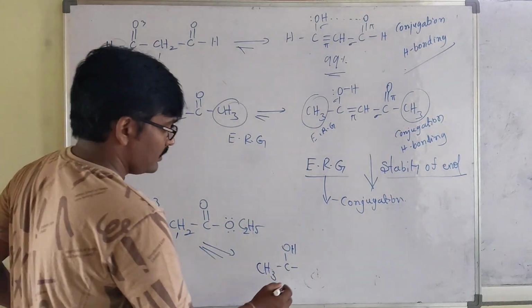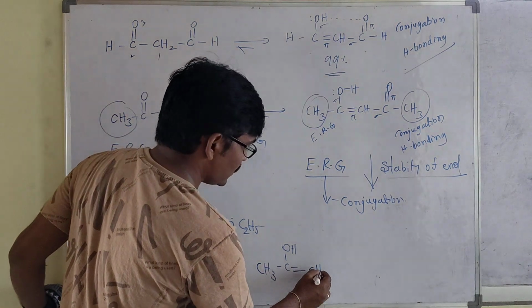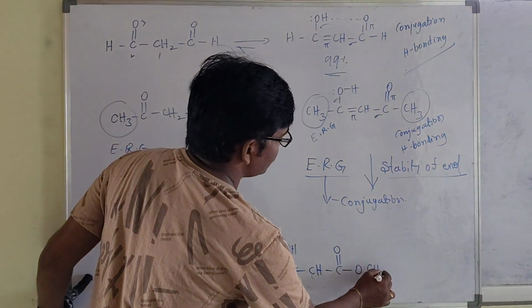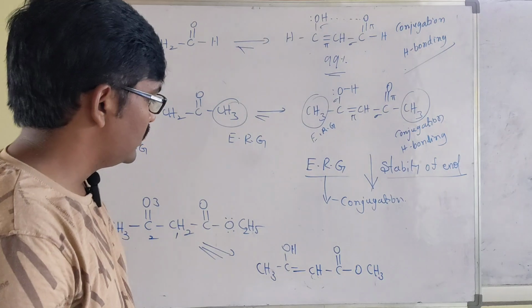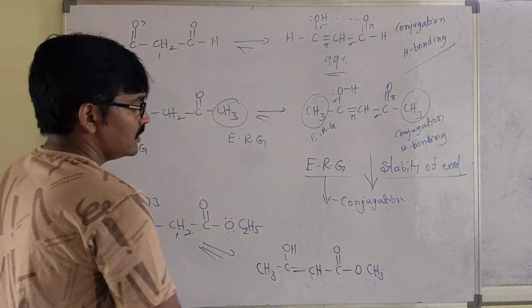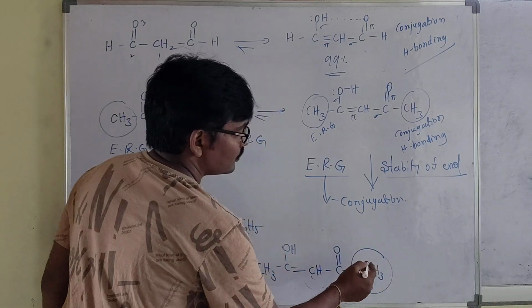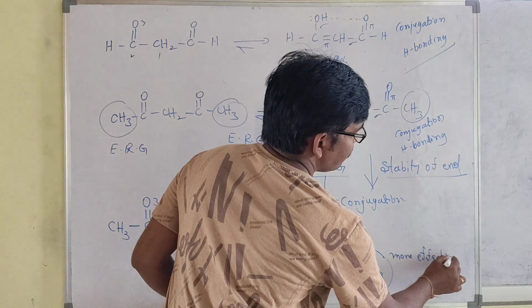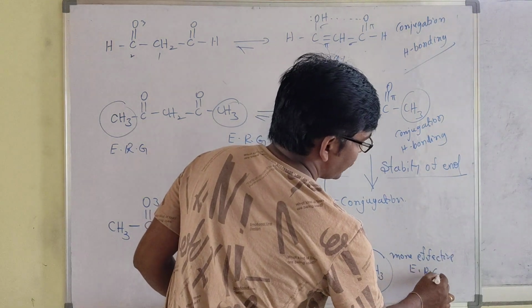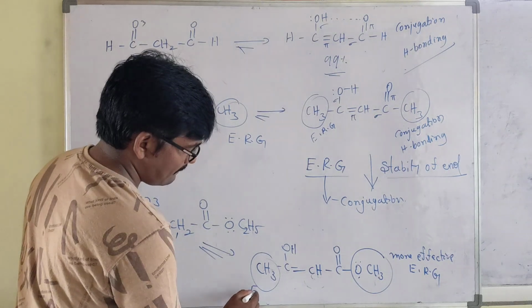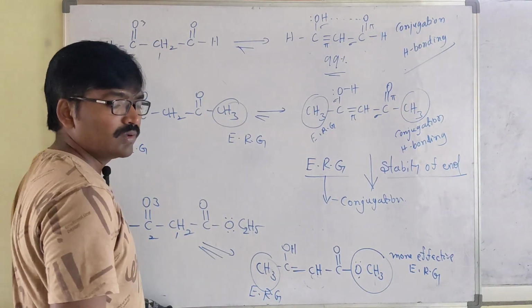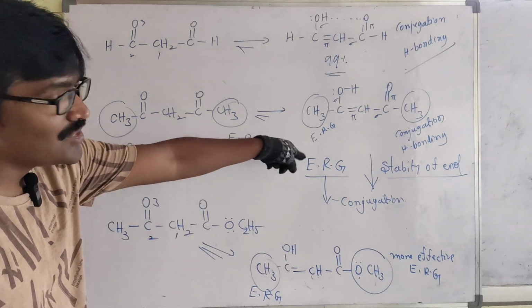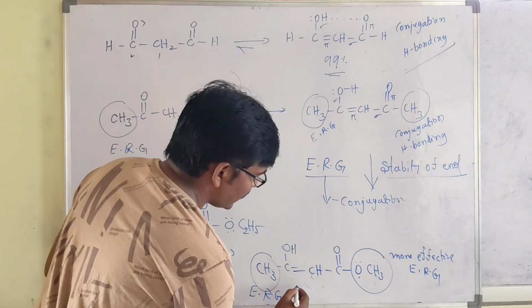Then double bond CH, C double bond O, OCH3. Now here one problem will be there. The lone pair of electrons is a more effective electron releasing group. Even here also an electron releasing group is there. So here stability of enol formation decreases, even here also stability decreases.